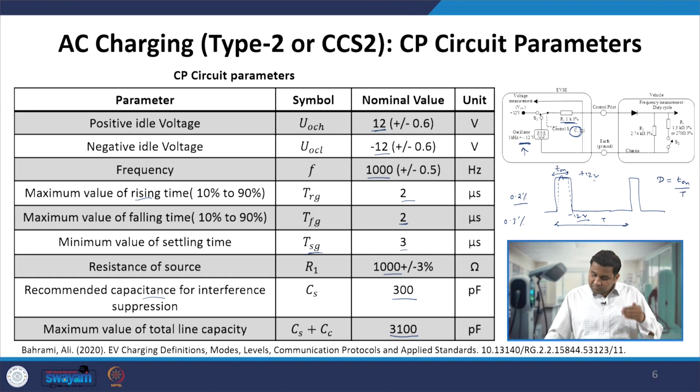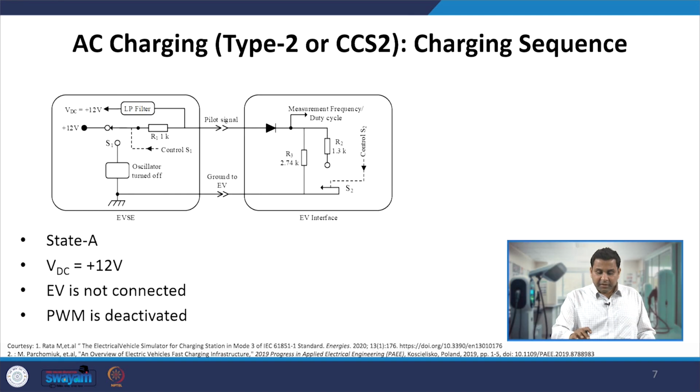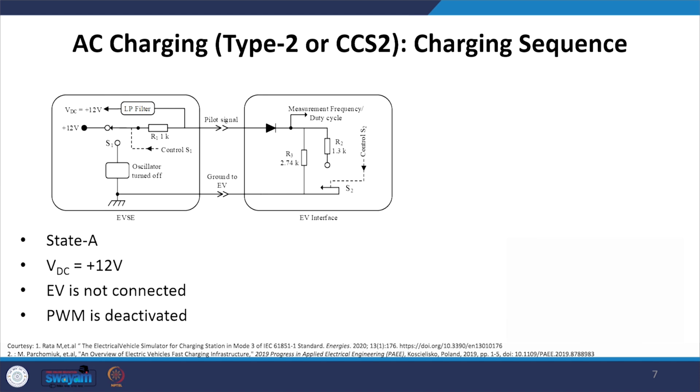Now let us see how the different states take place, or how the charging takes place. Initially, whenever the charger plug is not connected with the vehicle, this is the portion on the EVSE side and this is the portion on the EV side. When the connector is not connected to the EV, there is no physical connection between the control pilot and ground to the EV, or you can say the protective earth.